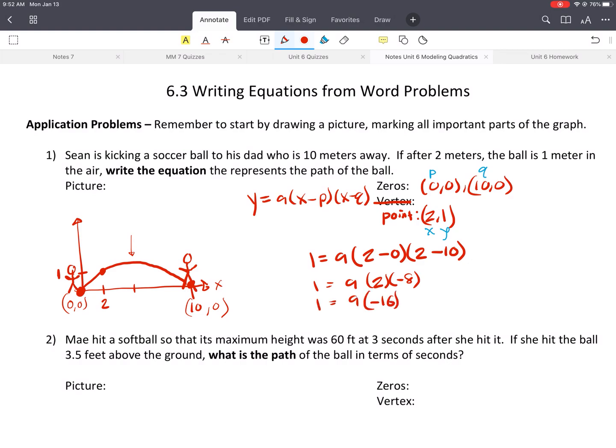Then we divide both sides by negative 16. It cancels, and we get A is negative 1/16. Now we have our A, and we have our P and Q. We'll write our equation. Y equals negative 1/16 times X minus 0, well, that's just X. So simplify that. Don't leave zeros in there. X minus 0 is X. And then we'd have X minus 10.